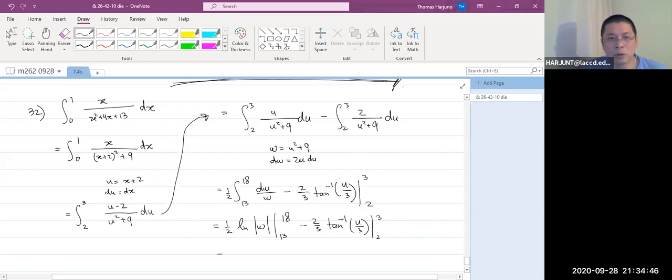So this is equal to 1/2 natural log of 18 minus natural log of 13, minus 2/3 tangent inverse of 1 minus tangent inverse of 2/3.